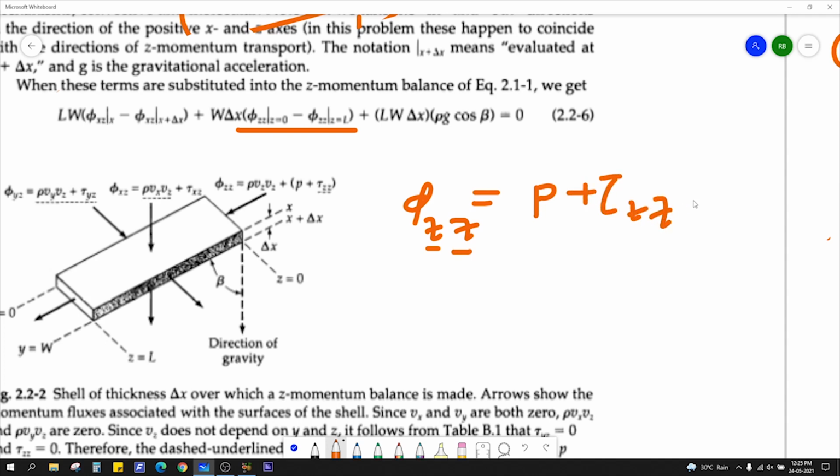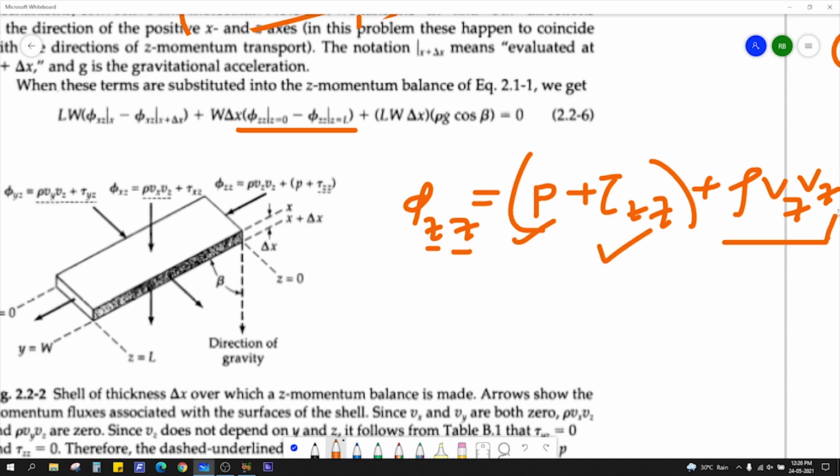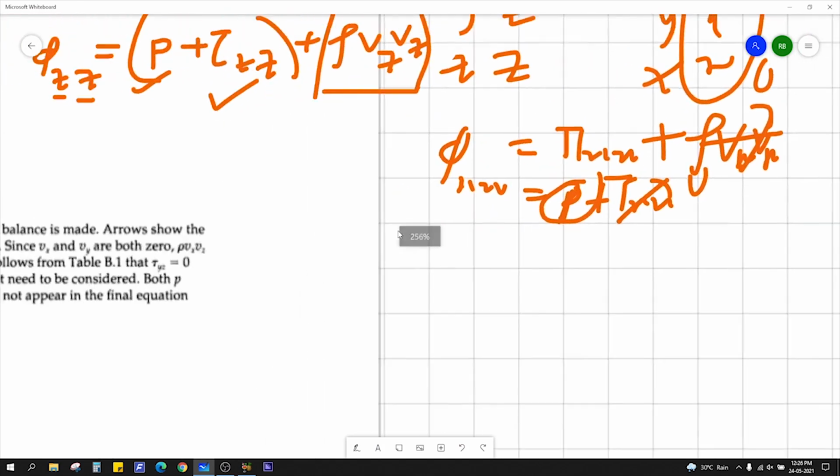Then plus the convective one, which will be rho vz vz. So pressure will be there, this will be there, and this will be there, for both z equal to 0 and z equal to L. You can see in another page we have that.